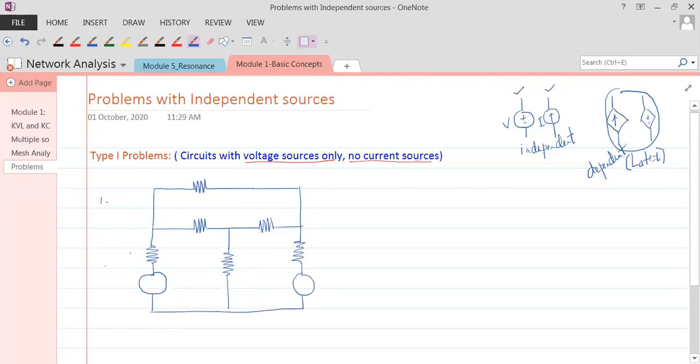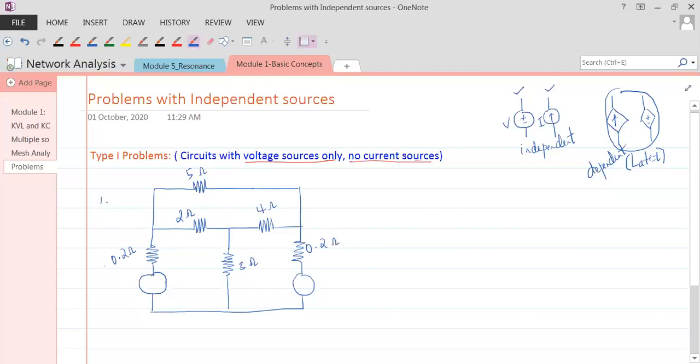Now take down this. This is 0.2 ohms. This is 2 ohms, 5 ohms, 4 ohms, 3 ohms, and 0.2 ohms again here.